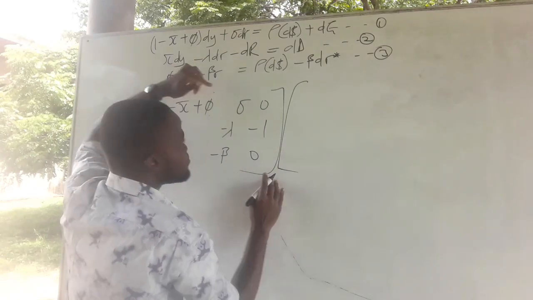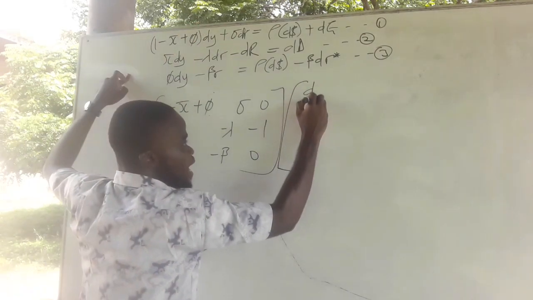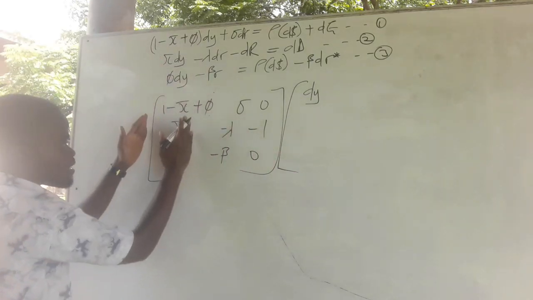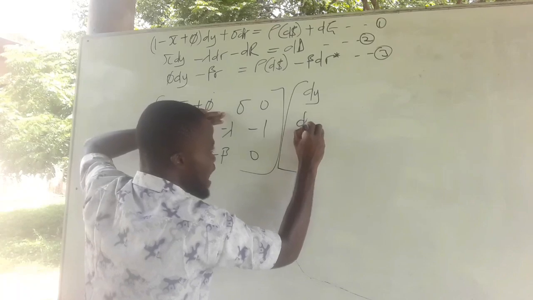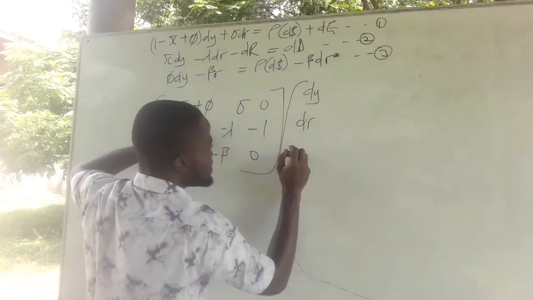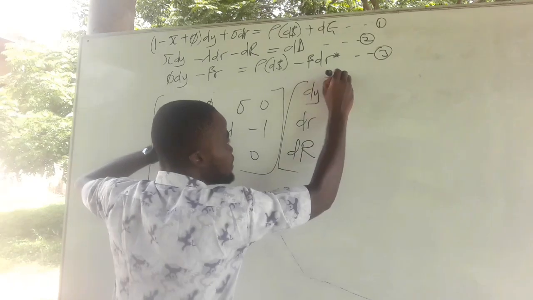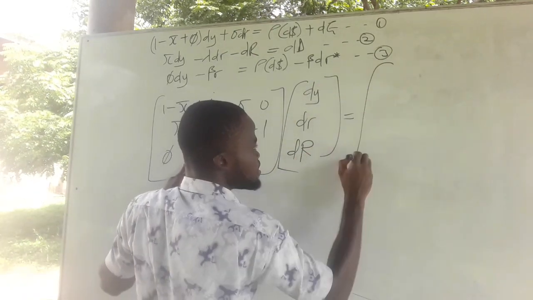So we write our variables of interest here. The first column represents dy. This implies that all these are the parameters of dy in the 3 equations that we have. The second column represents dr, that is interest rate, all the parameters for dr. And the third one represents the big R. These are variables of interest, which is equal to the policy variables.